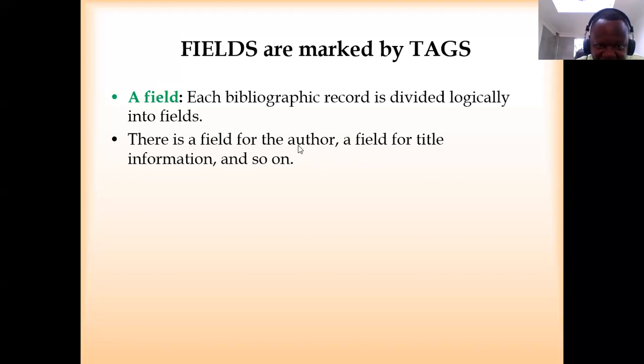So a field for the author. If your memory is good, type the tag that represents author from what we saw earlier. I'm checking in the chat. Gloria says she's lost.